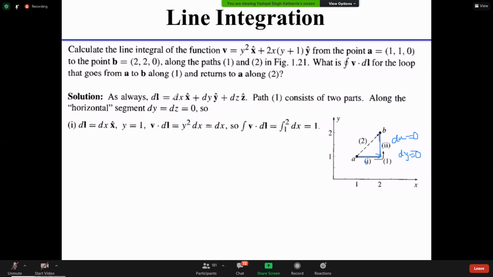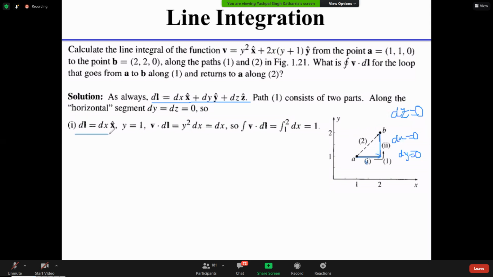Okay, so dl, the general length element, we know is dx x cap plus dy y cap plus dz z cap, and path 1 consists of two parts. The first part has dy equals 0, the second part has dx equals 0, and we have no variation along the z-axis, so dz will remain 0 for both these paths, for the first and second segments of path 1 as well as path 2.